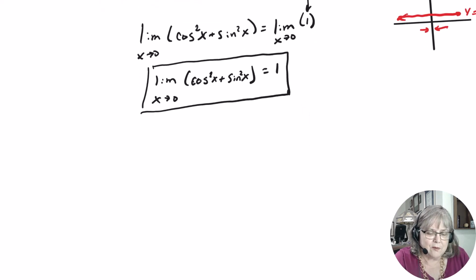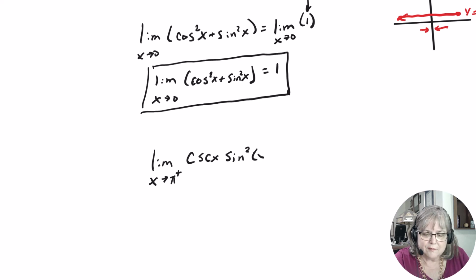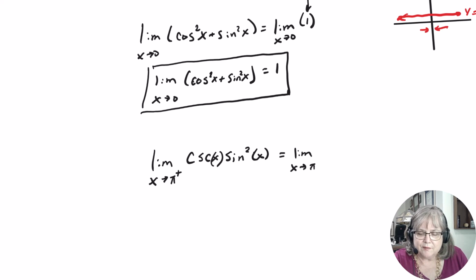Okay. So what if you have, this is just another one. I'm just going to set this one up for you. Now, what's the relationship between cosecant and sine? They're inverses of each other. So this is 1 over sine times, and this little square right there is saying the whole thing is squared.